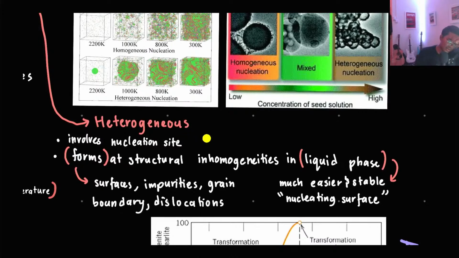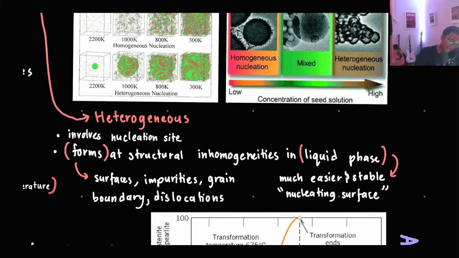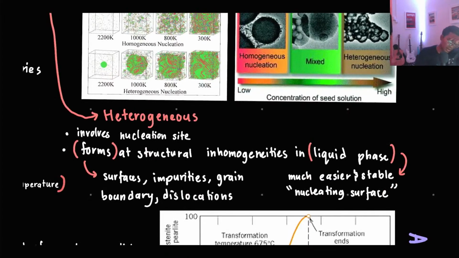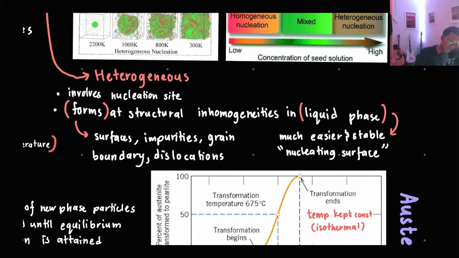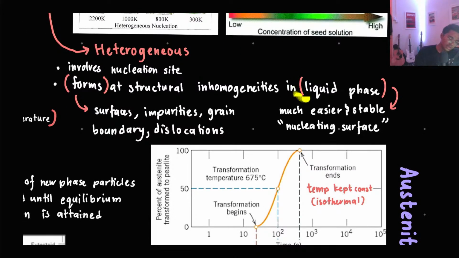What about heterogeneous? Heterogeneous involves a nucleation site because it is not uniform. Heterogeneous nucleation forms at structural inhomogeneities in the liquid phase, which are the surfaces, the impurities, the grain boundary, and dislocation. It is much easier and more stable, so in the liquid phase it is easier to form because it has a nucleating surface.